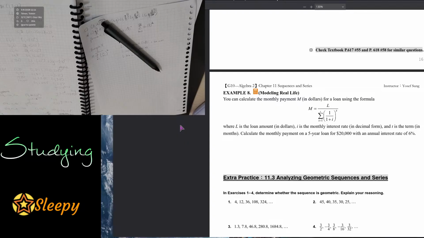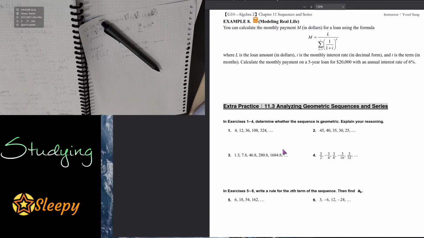I guess this also works. The monthly interest rate.